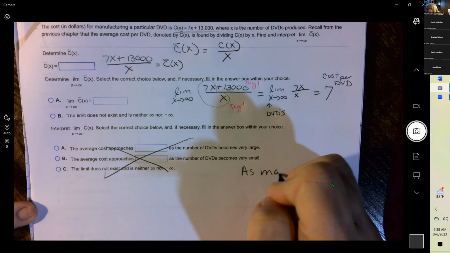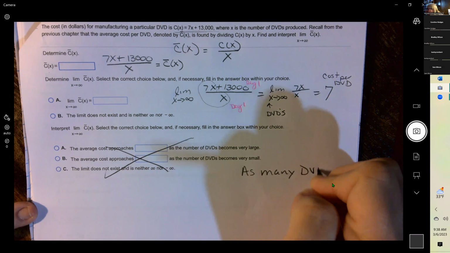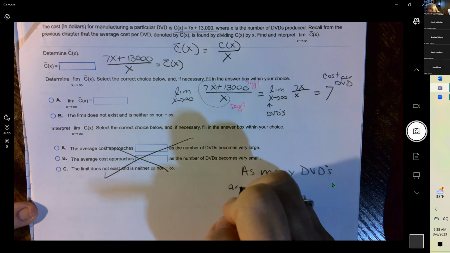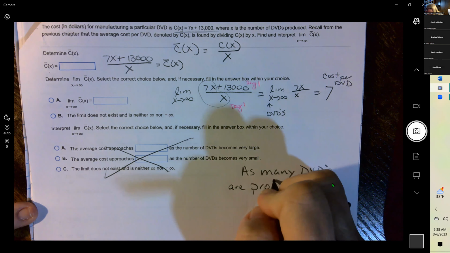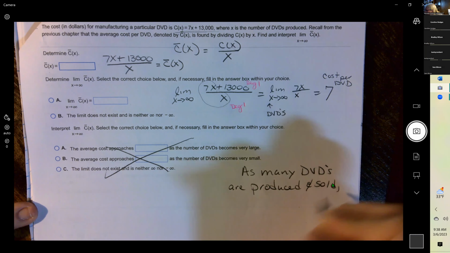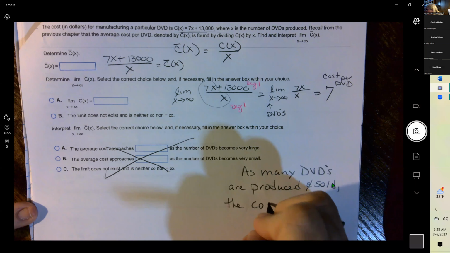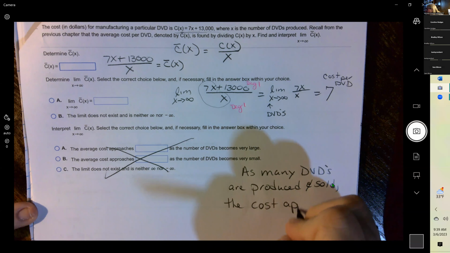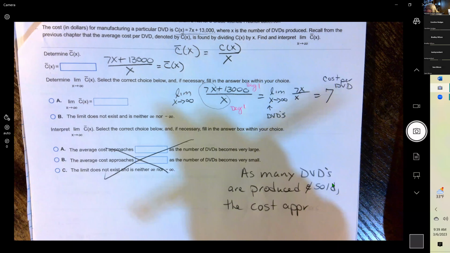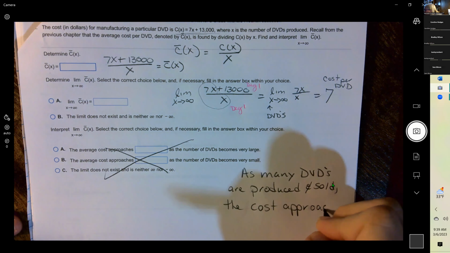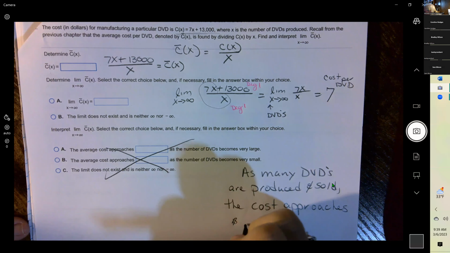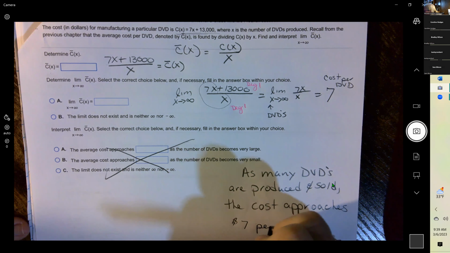As many DVDs, because that's going to infinity, are produced and sold, the cost approaches $7 per DVD.